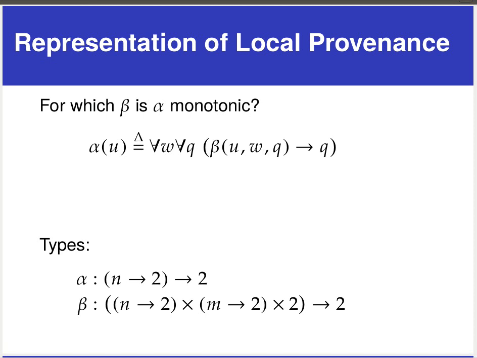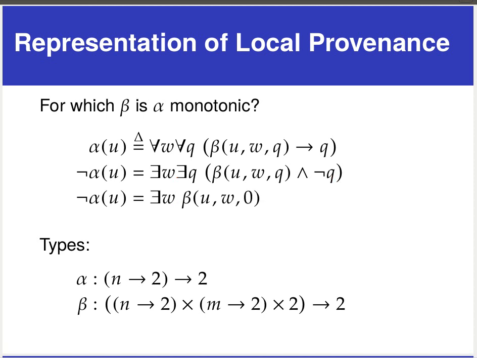To answer it, I'm going to do a little bit of manipulation. First I negate both sides, then I expand this quantifier, and now I'm going to think about this last equation in more semantic terms. So let's see what it means. We want alpha to be monotonic, which is the same as saying that we want not alpha to be anti-monotonic.